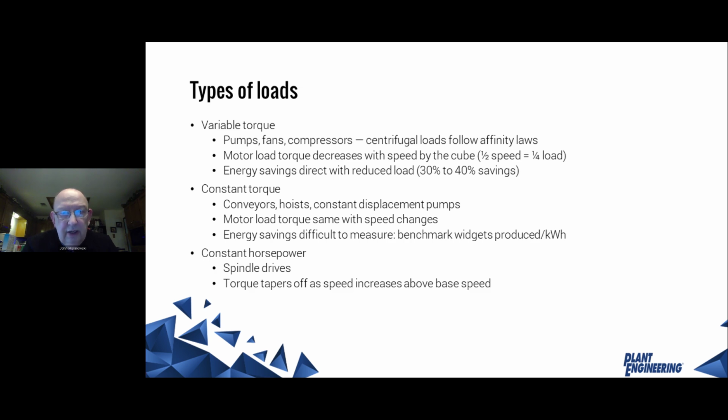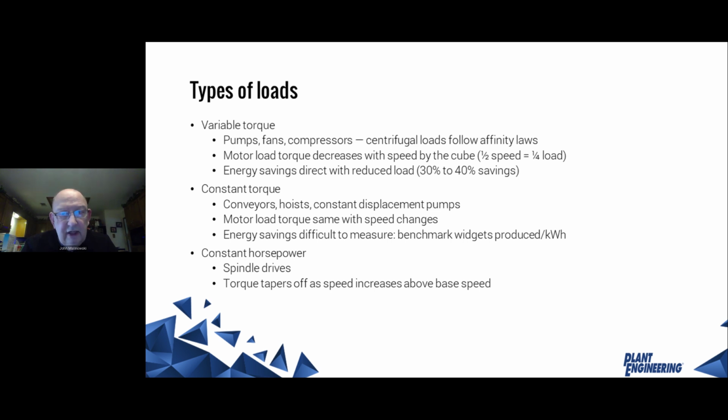So when the load decreases by speed, by the cube, half speed is like a quarter load. So as the speed goes down, the load to the motor goes down by the cube.